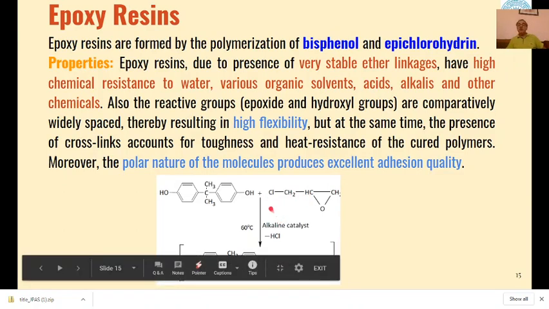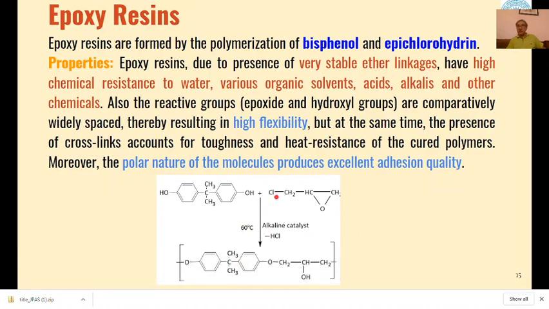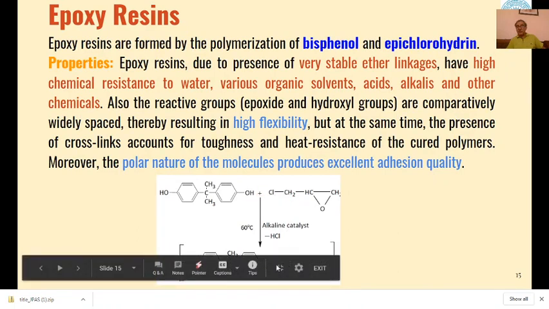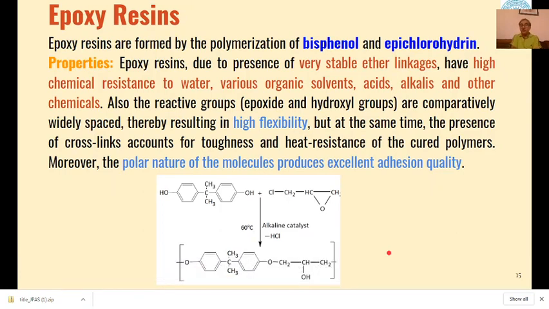Now when these are condensed with each other, H from here and Cl from here will be removed to form an oxygen-carbon bond. That means one bond will be an ether bond, an ether linkage will be formed.